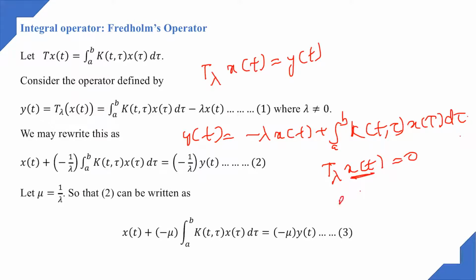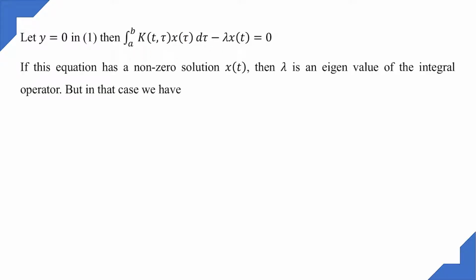There is some x not equal to 0 such that T of x(t) is equal to lambda times x(t). That means this lambda is an eigenvalue of the integral operator T. So let y equal to 0 in 1 so that we get this equation. If this equation has a non-zero solution x(t), then lambda is an eigenvalue of the integral operator.